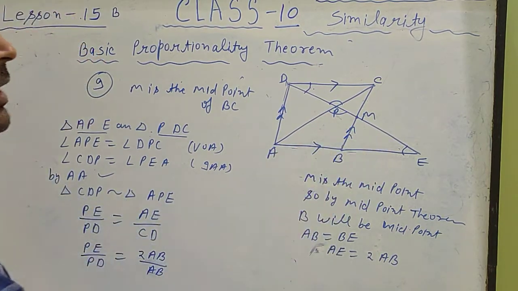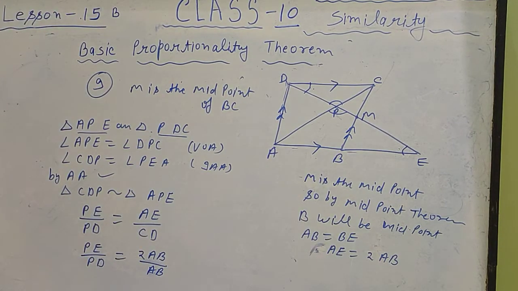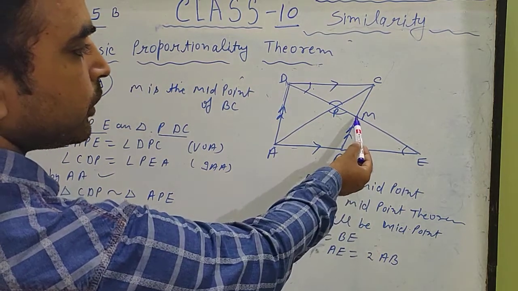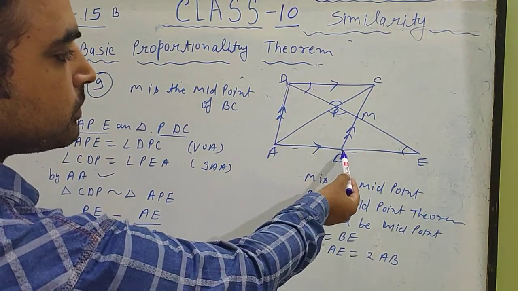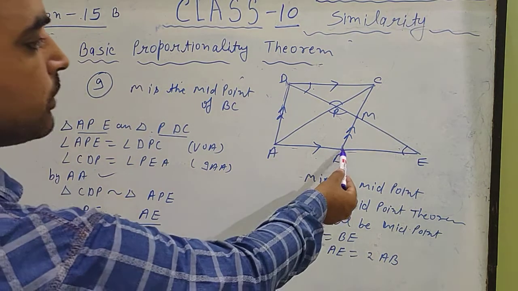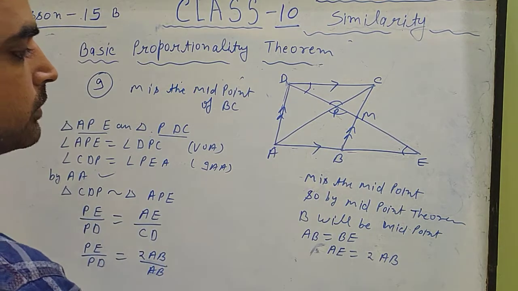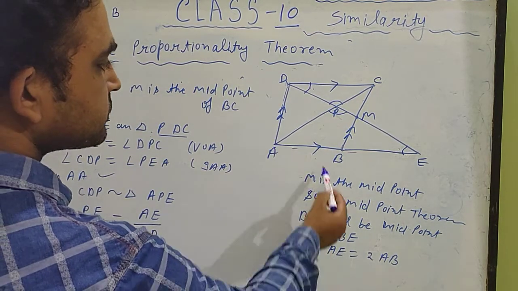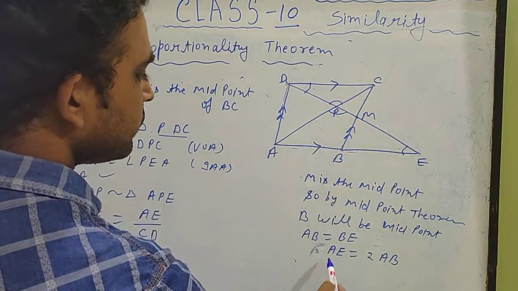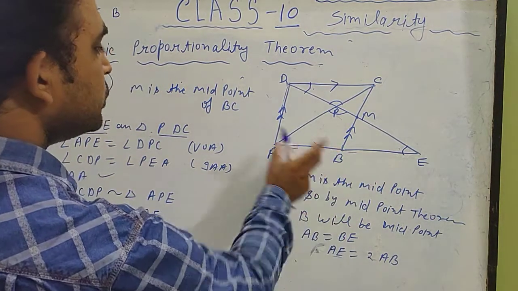So according to the converse midpoint theorem, B will be the midpoint. In class 9th you studied the converse midpoint theorem. If one midpoint and one line is parallel to another line, then the opposite side, the line cuts at the midpoint, means B will be the midpoint. So AB is equal to BE, or we can write AE is equal to 2AB.